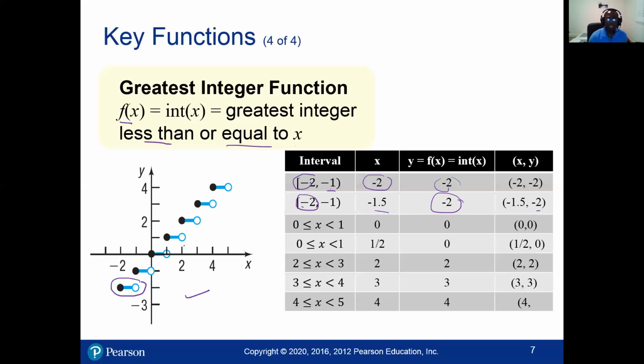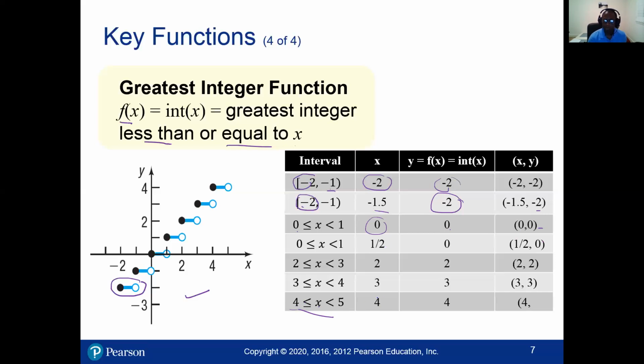Now, if you pick the interval between 0 and 1, and pick x as 0, the same explanation gives the corresponding y value, which is 0, and that's the origin. If you keep going, let's go to the last one, the interval x between positive 4 and 5, but positive 4 is inclusive.